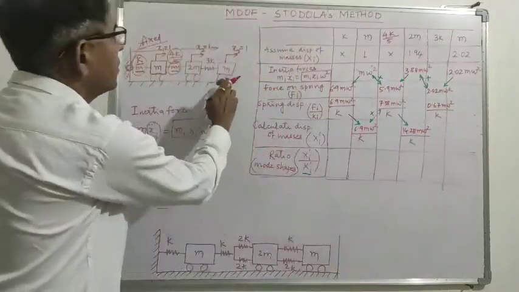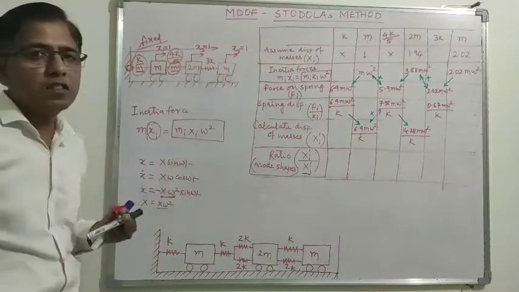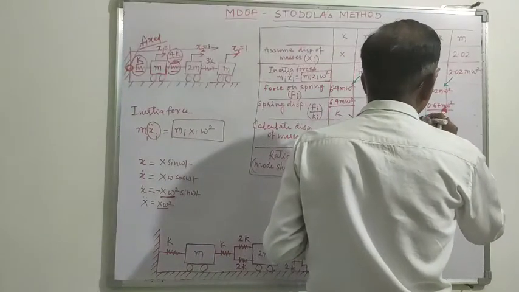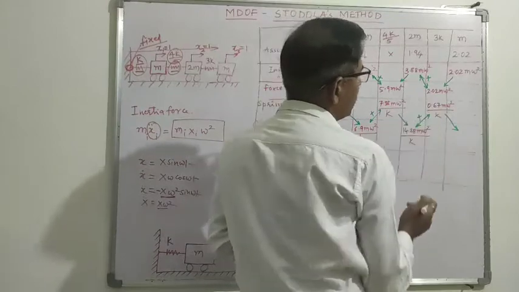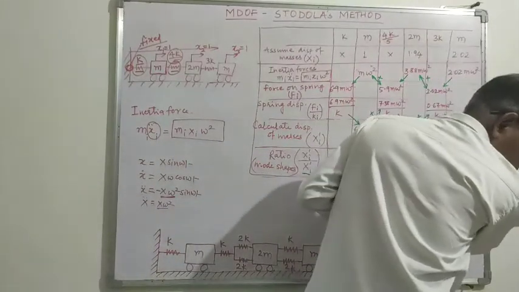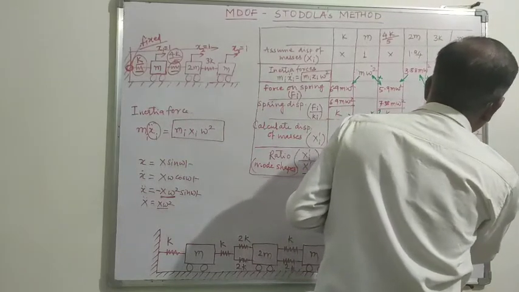And the third mass will experience the displacement of all the three springs. So this value plus this value will give you this value. So 14.28 plus 0.67 is 14.95 m omega square upon k.